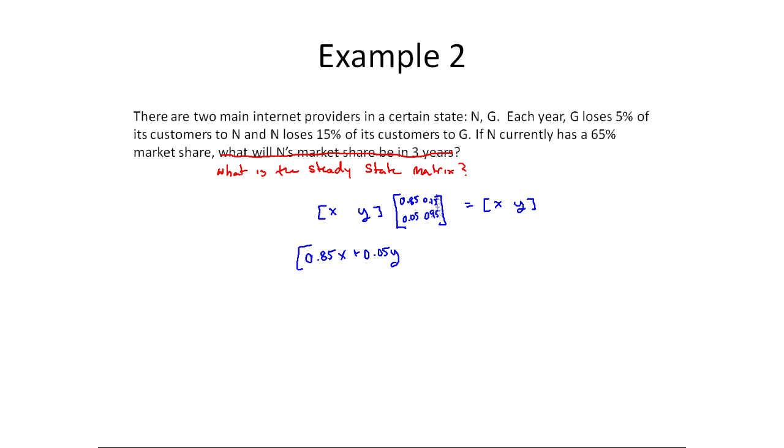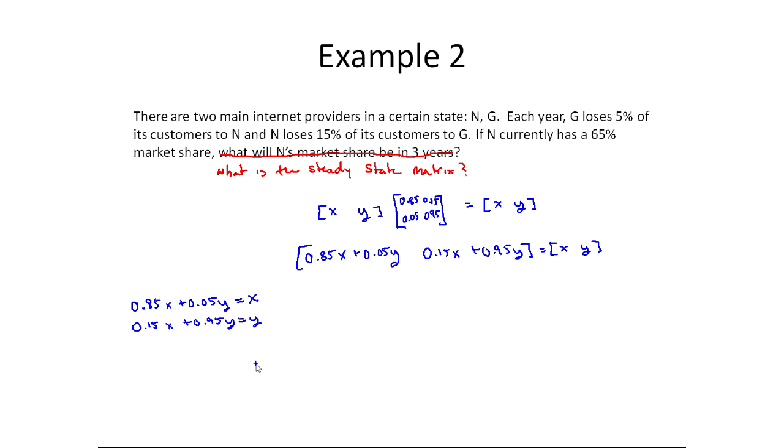And for this row hitting this column, I get 0.15x plus 0.95y. And this is supposed to equal x and y. Now I can set the first entry equal to x and the second entry equal to y.